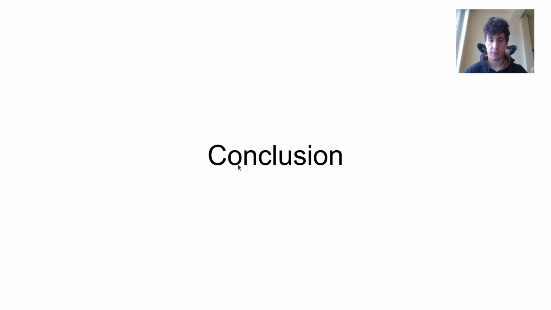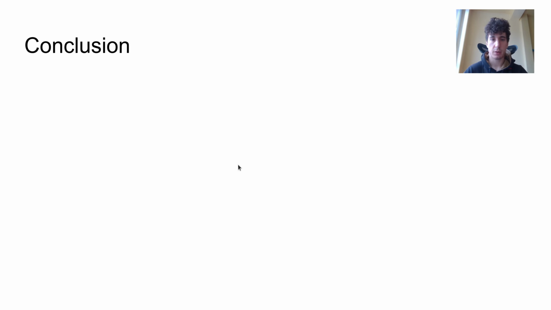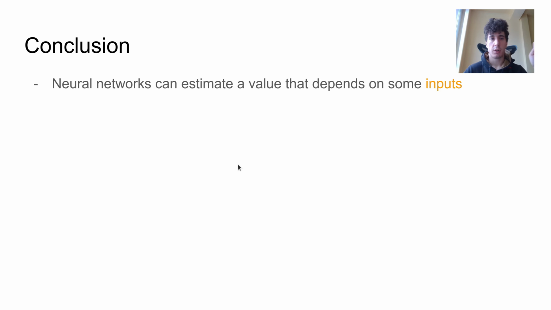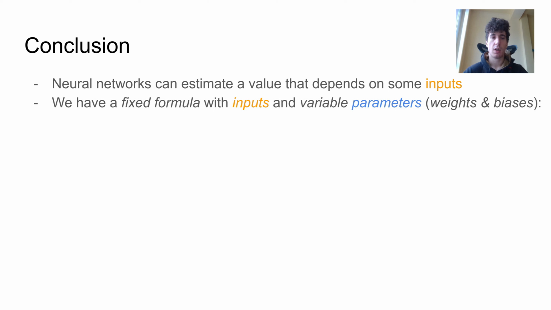So the main takeaway from this tutorial, I would like to be that neural networks can estimate a value that depends on some inputs. So if you have a relationship between output and inputs, neural networks can do it. The neural network is like a fixed formula with inputs and some parameters.